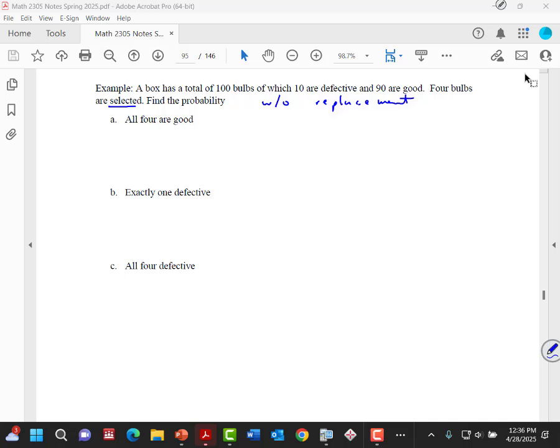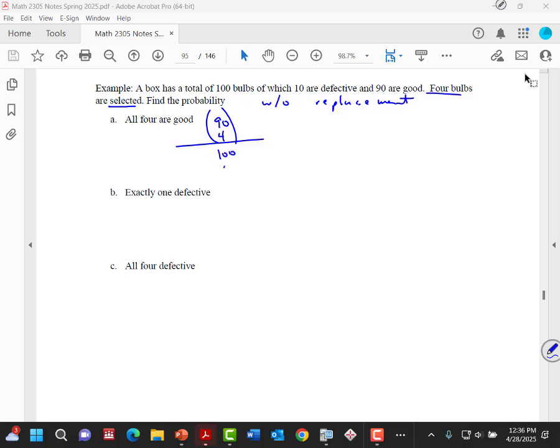So I want to find the probability that all of them are good. And you'll hear me say sometimes when I teach probability, make what you want to happen, happen. So I want to pull 4 good ones. Well, how many are good? 90 of them are good. And I want to select 4 of them. So from the 90 good, choose 4 of them to be selected out of, well, how many total outcomes are there for the sample space?